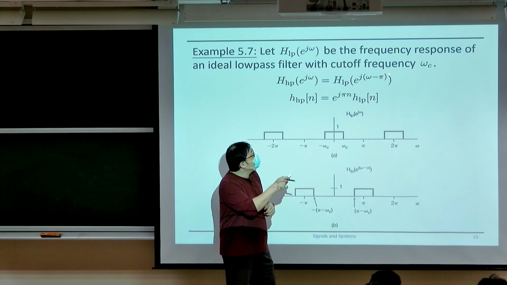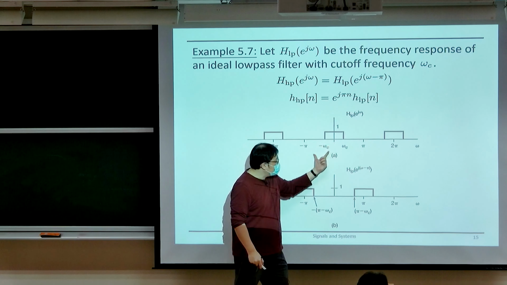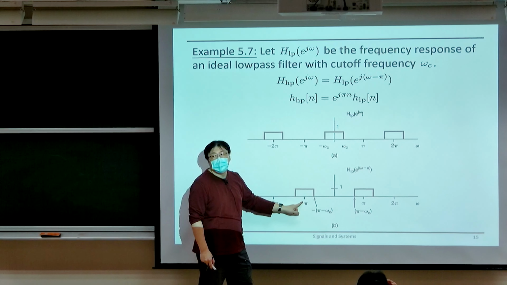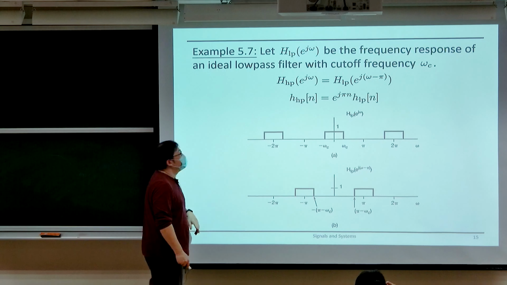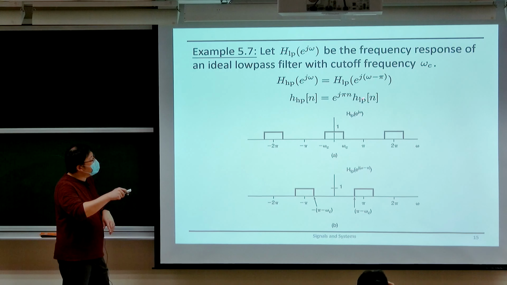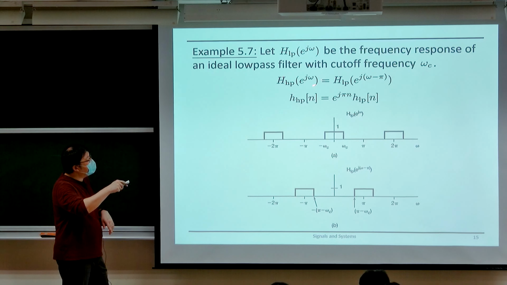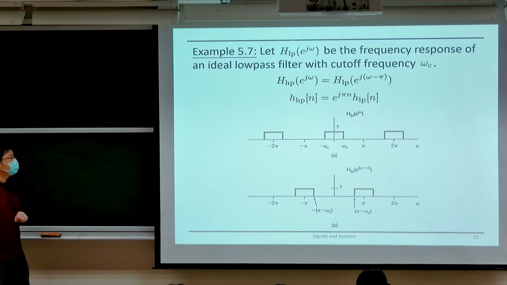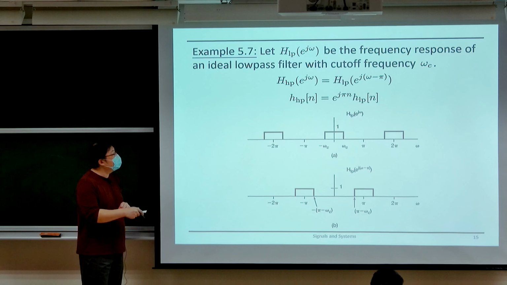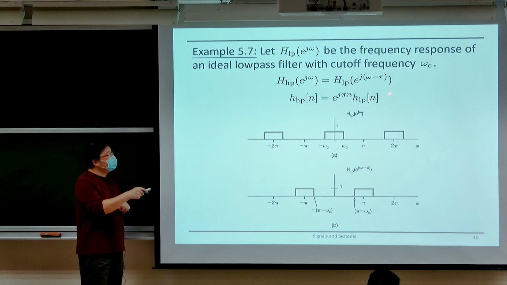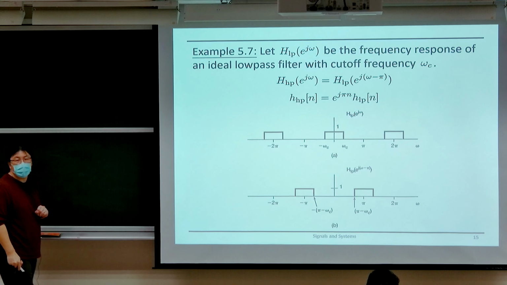So if you perform a frequency shift of this low pass filter by pi, then what you get is something like this, and this is an ideal high pass filter. So in discrete time, by just shifting the frequency of the low pass by pi, you effectively get an ideal high pass filter. The impulse response of this high pass filter in the time domain is just the impulse response of the low pass filter times this phase shift.